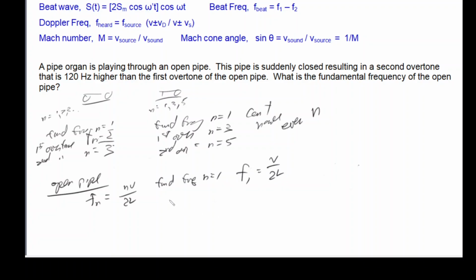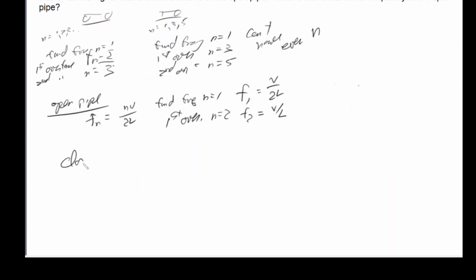And the first overtone, where n equals 2, gives the frequency to be v over L. Now, in a closed pipe, we're not allowed to have even numbers of n.